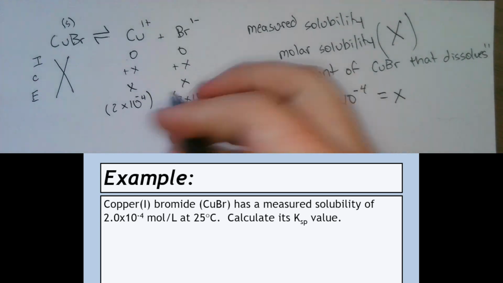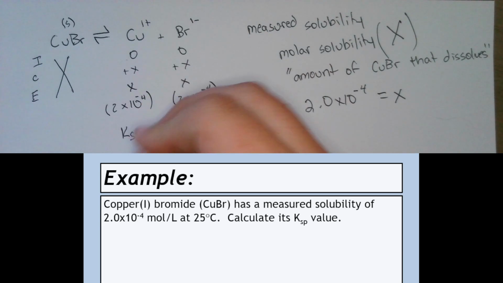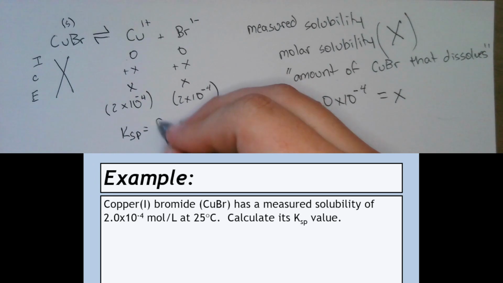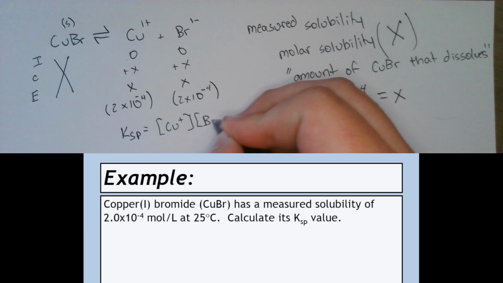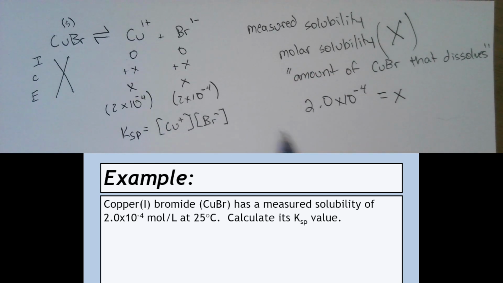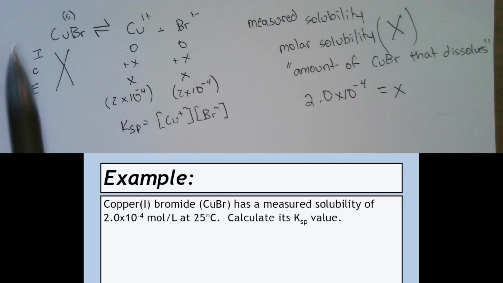So I'm going to set up my Ksp. It's products over reactants. My two products are copper 1 plus and bromine minus, over my reactants, which I don't care about. Ksp doesn't matter, your reactants won't matter.